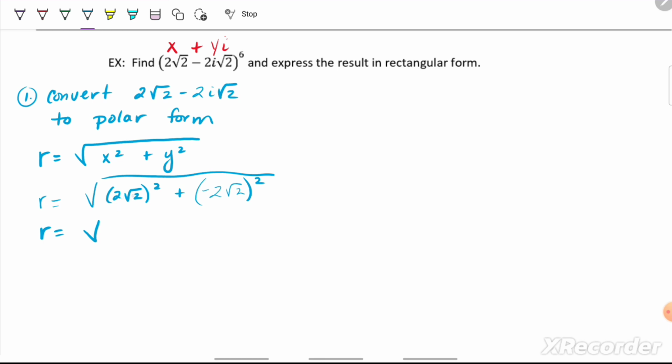We'll square both the 2 and the square root, so this is 4 times 2 plus 4 times 2. So we got 8 plus 8, r equals the square root of 16, which is equal to 4.